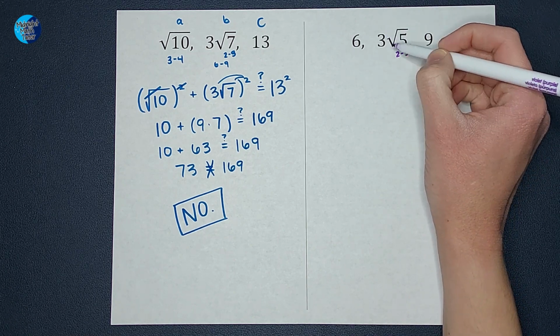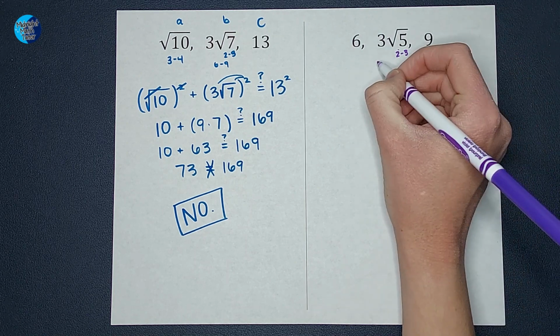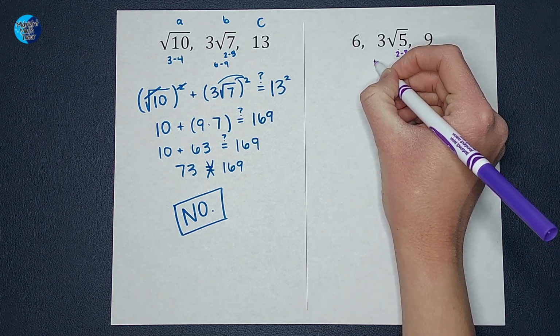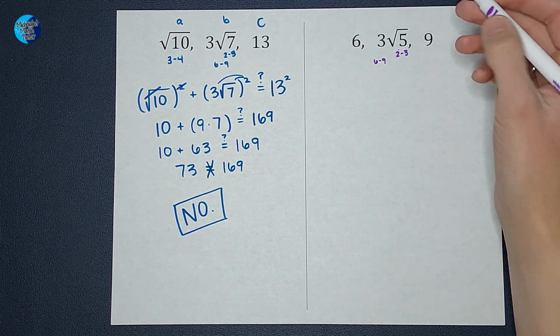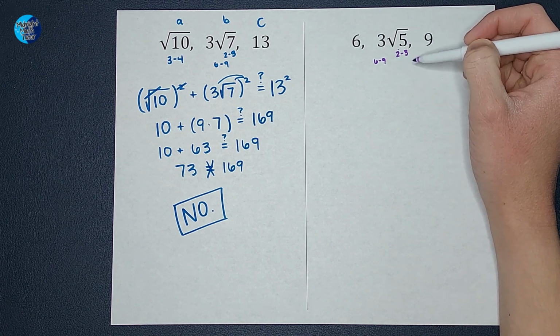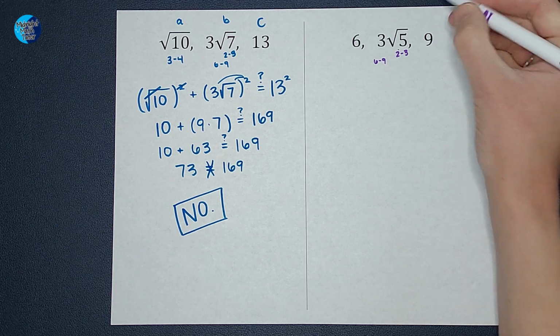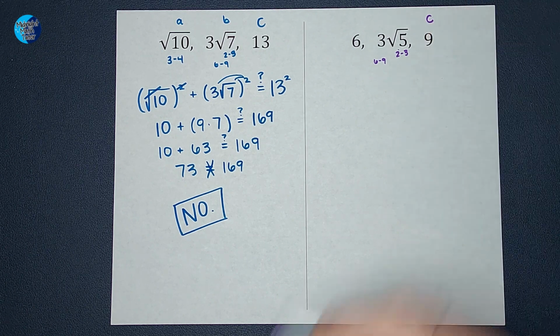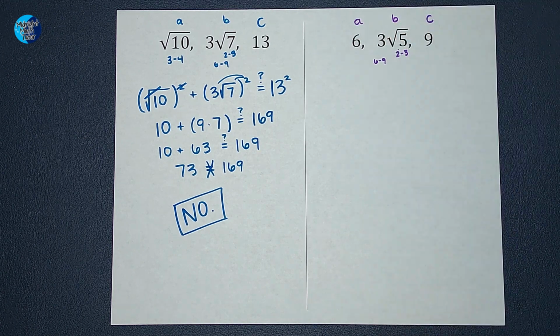And then if I multiply that by 3, 3 times 2 gives me 6 and 3 times 3 gives me 9. So somewhere between 6 and 9 is what this decimal will be. It's not going to actually be 9, because we know the square root of 5 isn't 3. But it's going to be somewhere in between there, which means 9 is my longest side. So C. And then these guys are A and B. It doesn't matter which is which.